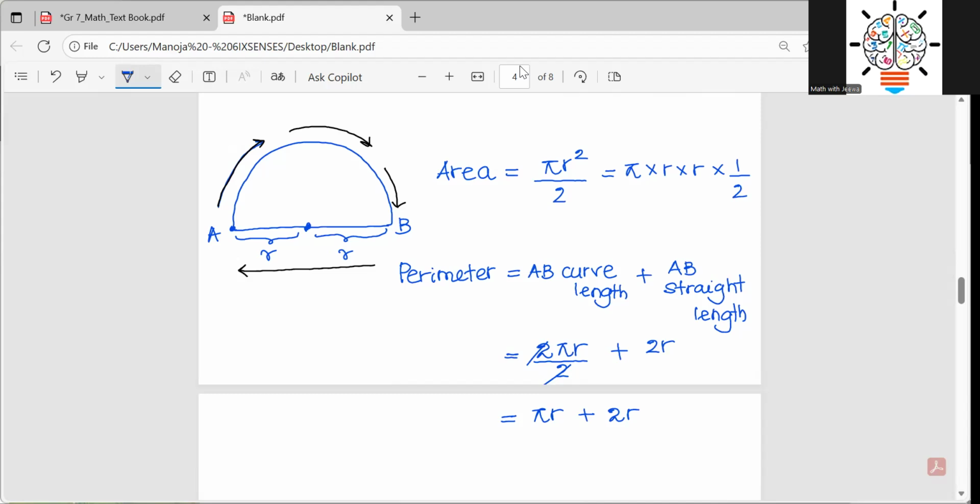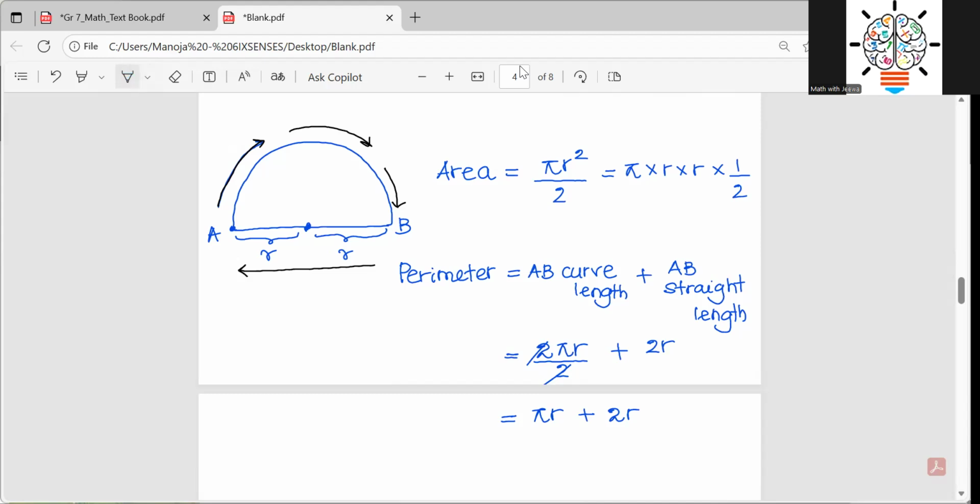So then it is the straight path. So then the curve path, how do you find? If I have the full circle, it is 2πr, the perimeter or the circumference. But here I don't have the full circle. Instead, I'm going only the half of it. Therefore, I divide it by 2. And for that, I add the AB straight length, that is 2r.